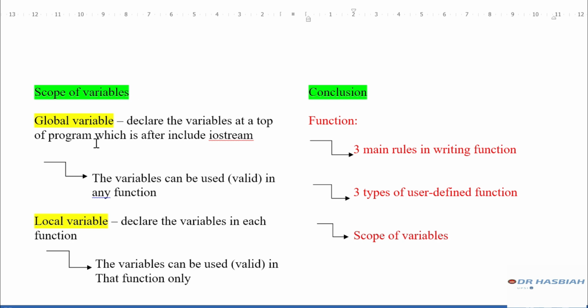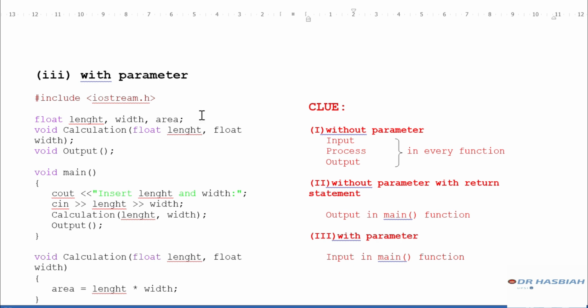So we have the first one, we call it global variable. When you declare the variables at the top of your program, which is after include iostream, for example float length, width, and area, you put it after iostream.